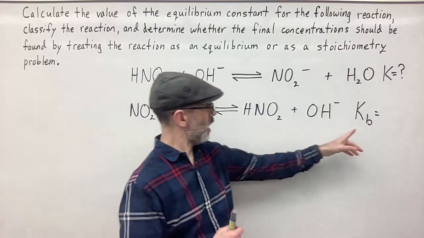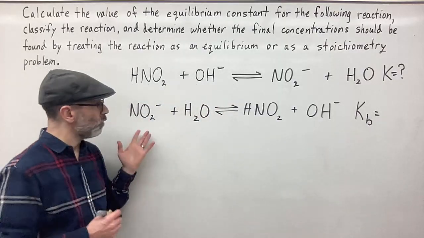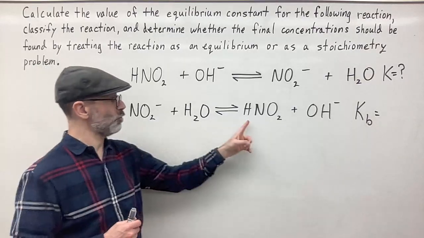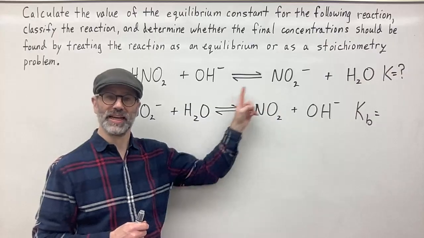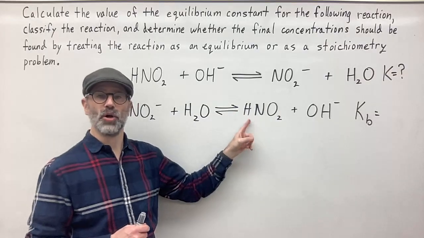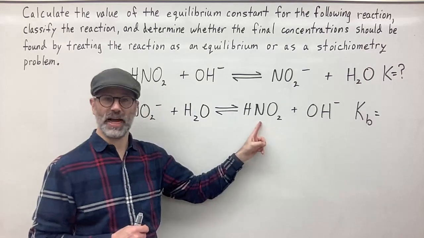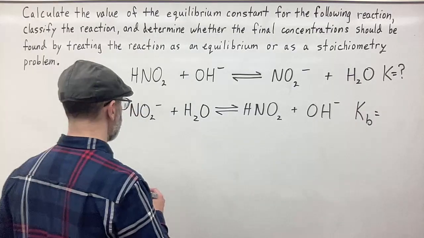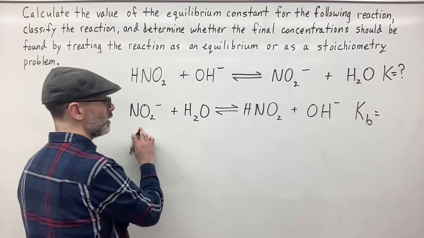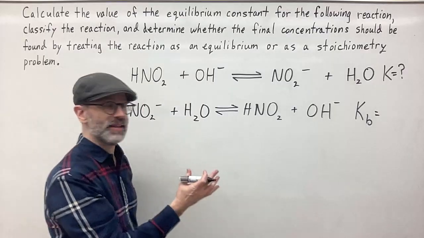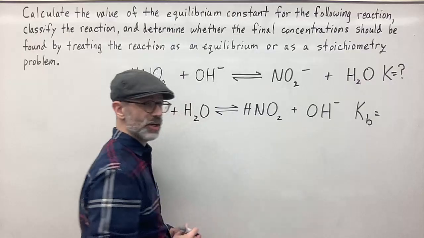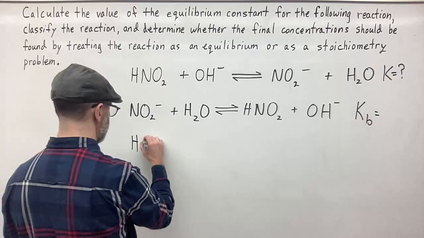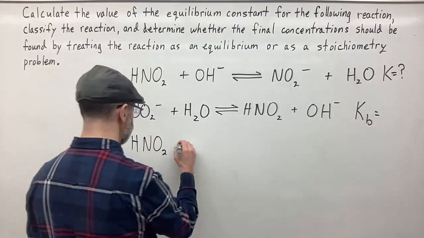So here we have a Kb value, but how do we find the Kb value? Here we can use the Ka value of the conjugate acid. The weak acid, nitrous acid, has a Ka value that we can actually look up in a table. So if we want to find the Kb value for this, we have to use the value for the conjugate acid. So remember, we have here the conjugate acid HNO2.